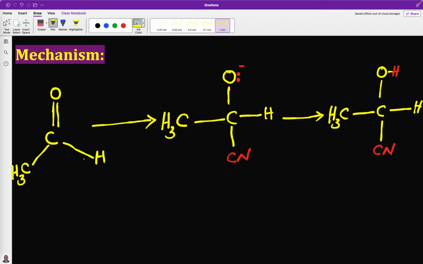Now the cyanide, this is a cyanide that is in solution. The cyanide in solution now has movement of the bonds, the lone pair of electrons, nucleophilic attack.